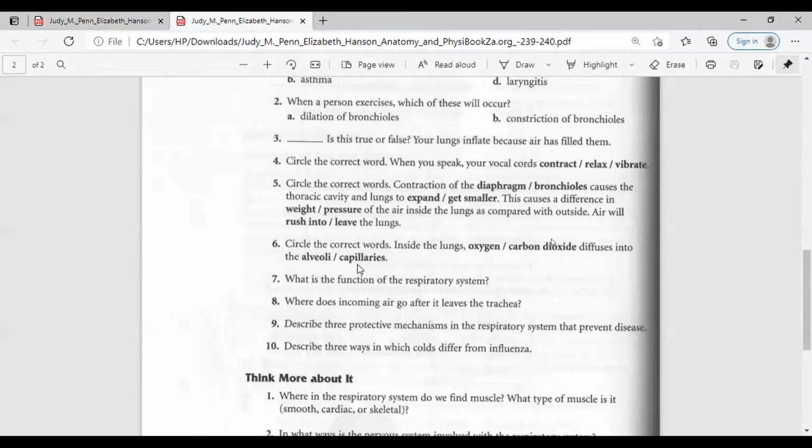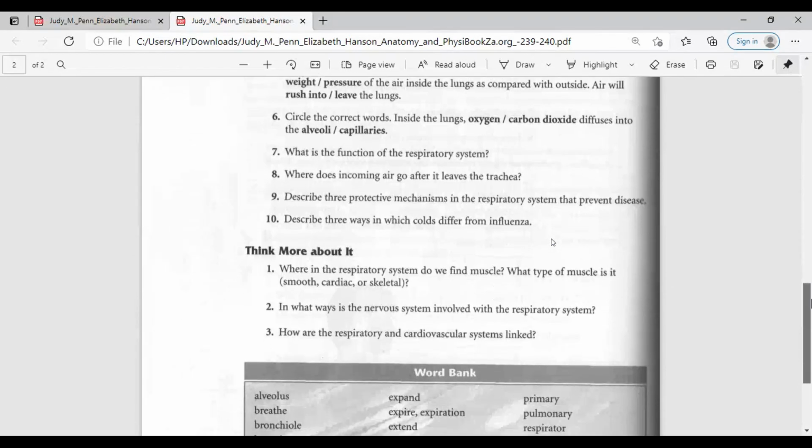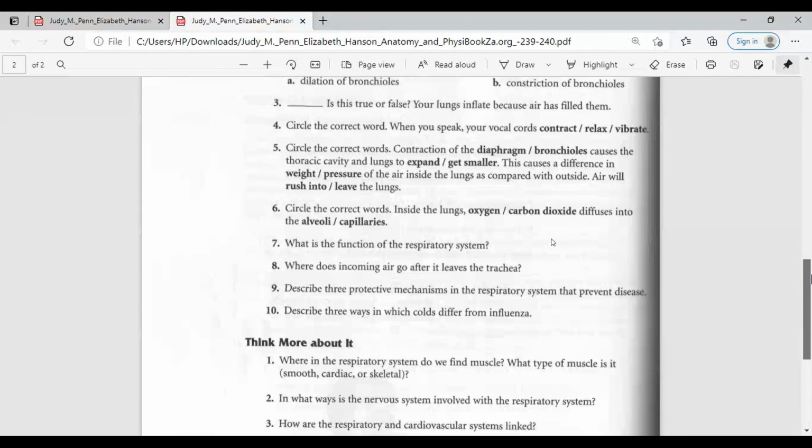Lê Nguyên Trường. Hello. Can you answer number 8, please? Yes, I can hear you. Where does incoming air go after it leaves the trachea? The air will go to the nose, right?